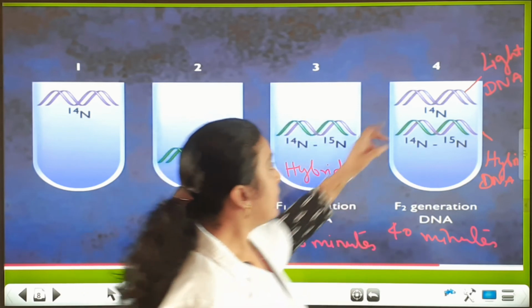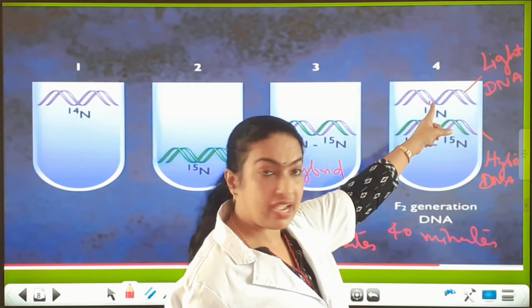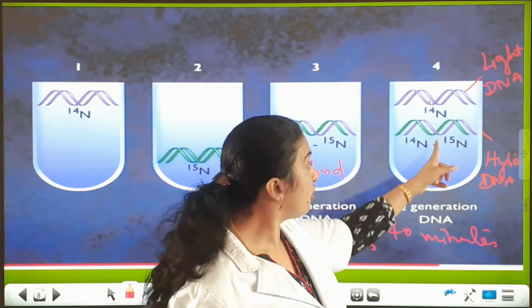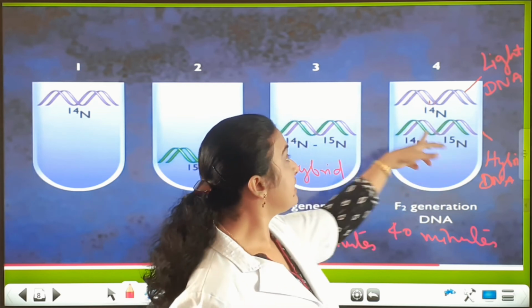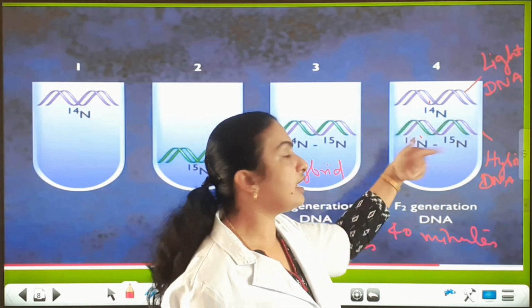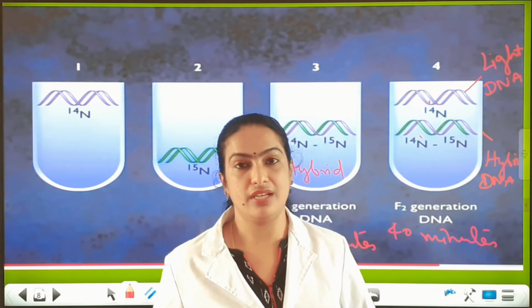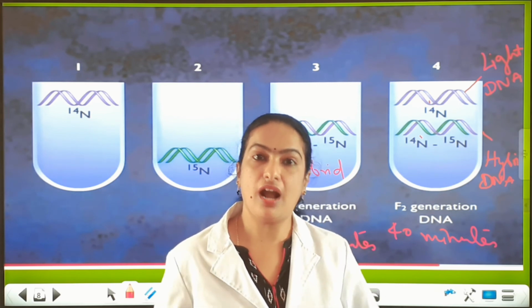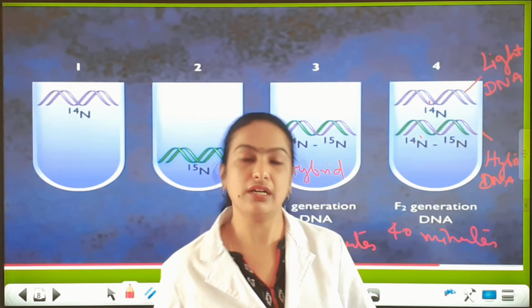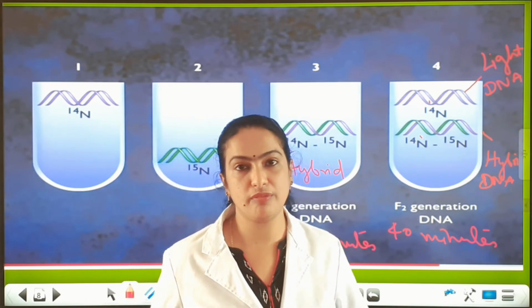That means this one is from the parental strand and then the new strand. Here also, this is from the parental strand. One strand is from the older or parental strand and one is the newly formed strand. This is the semi-conservative manner. Semi-conservative means half of the DNA is from the old or parental strand.